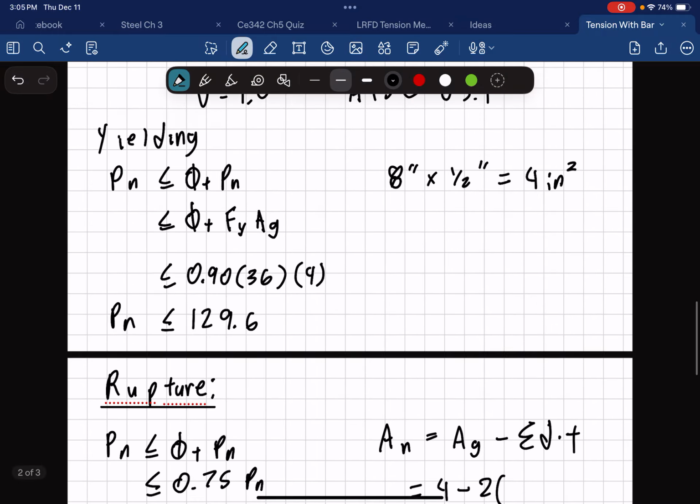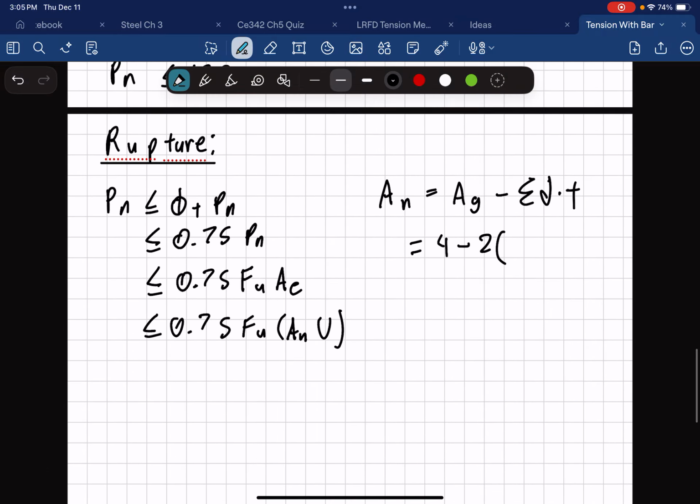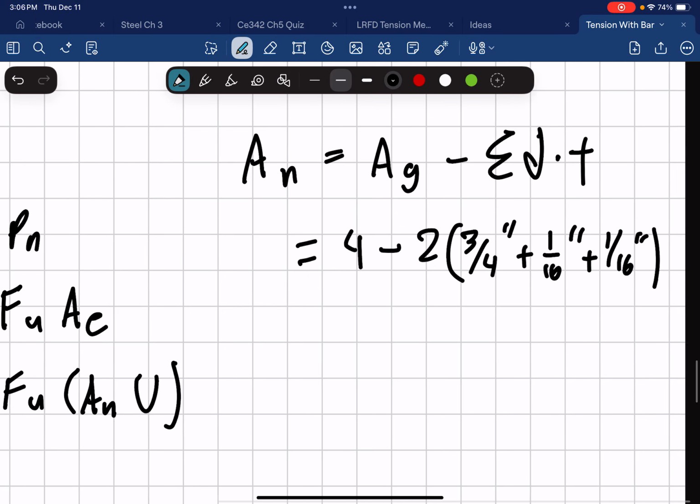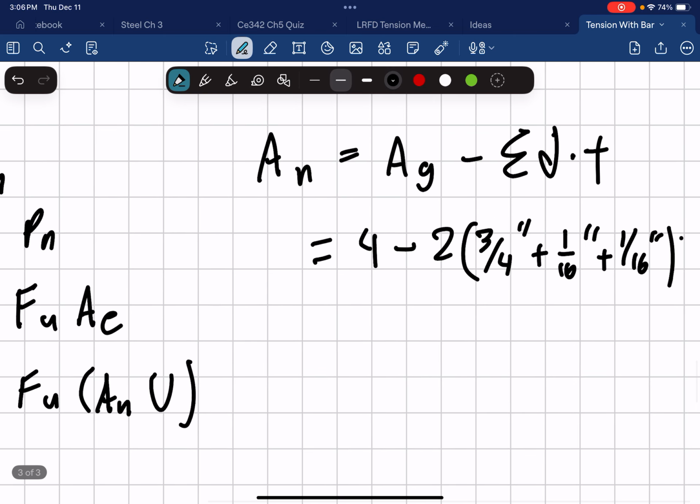When we look at this problem, we have 2 3/4 inch bolts, but is it only 3/4 of an inch? No, it's not, right? We have to add a 1/16 for roughness and a 1/16 for spacing to get the bolt in. So effectively we have a 7/8 hole here, and I'm running out of space to write this, but our thickness is 0.5.